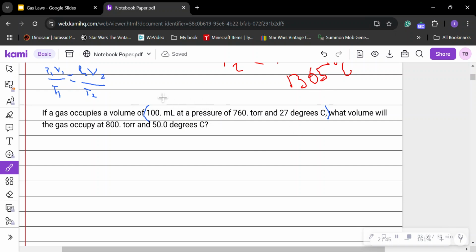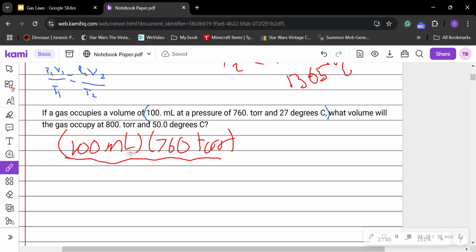We have V1, P1, and T1. So you got 100 milliliters times 760 torr over 27 plus 273, which is 300 Kelvin.